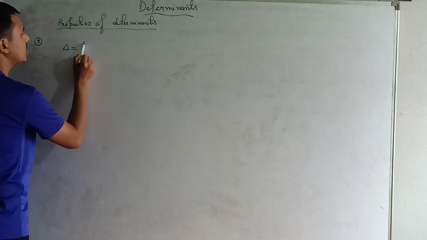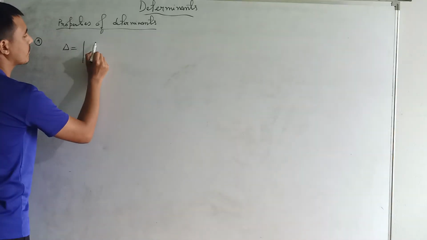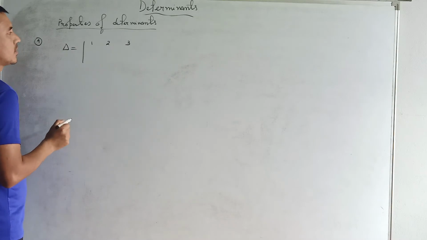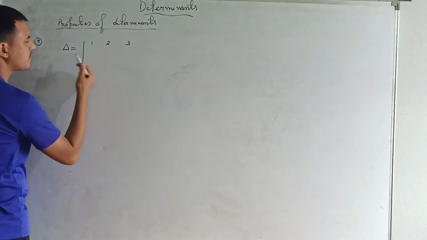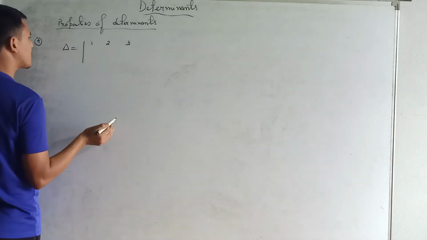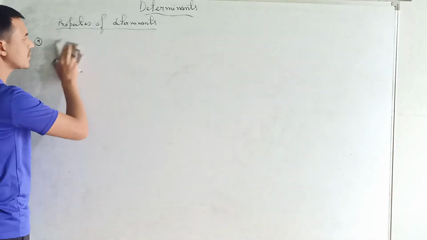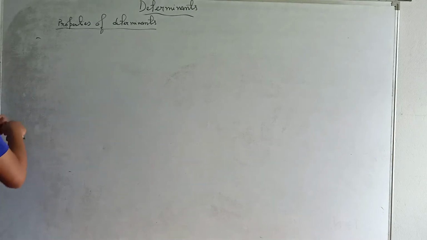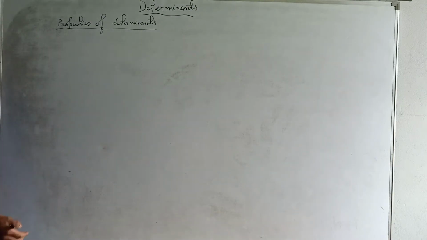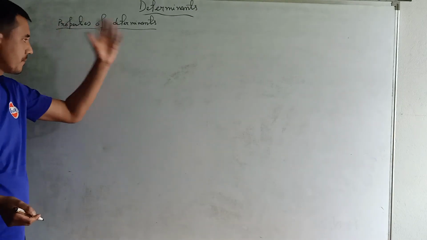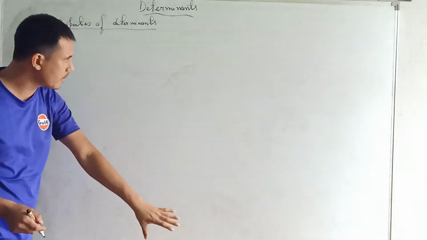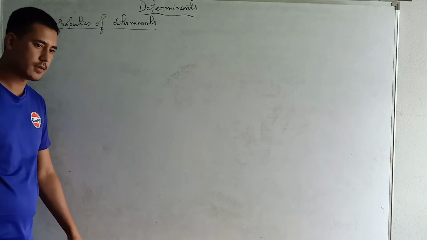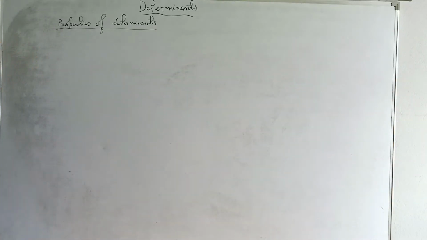This is a very obvious property, so no example is required here. So multiplying any row or any column by a scalar, your determinant also gets multiplied by that scalar. Yes, any scalar.